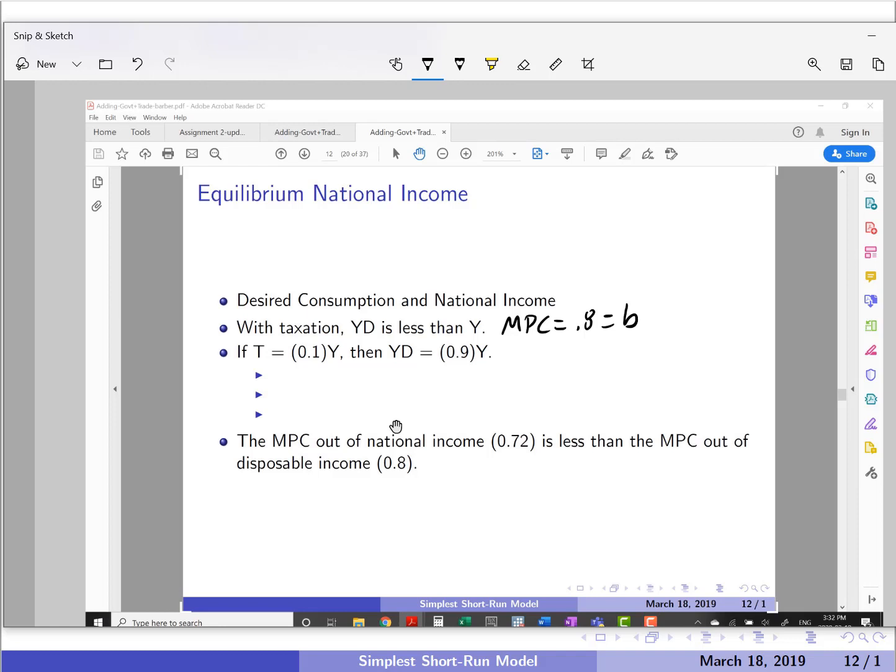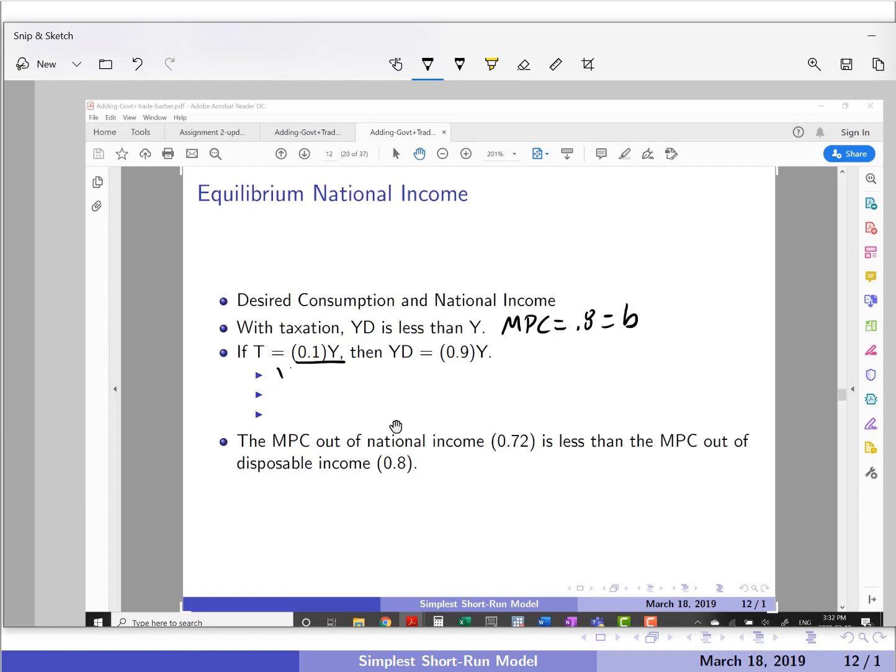Okay, so now we have this tax rate, or total taxes, equal 0.1 times Y. That means little t equals 0.1, right? If little t equals 0.1, then disposable income is 90%, or 0.9, of national income.